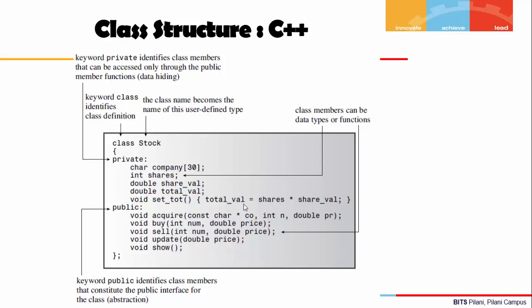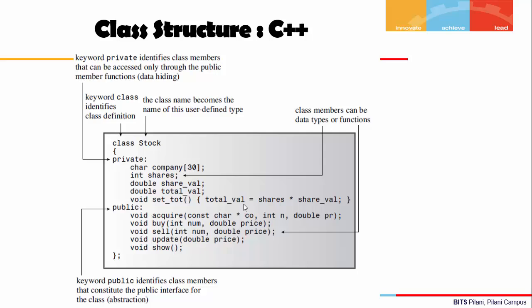Whereas this private function, set_total, is not a part of the public interface. It is a member function used by the person writing the class. So the person who is writing the class is using this, but it cannot be used by someone writing code which uses the class.